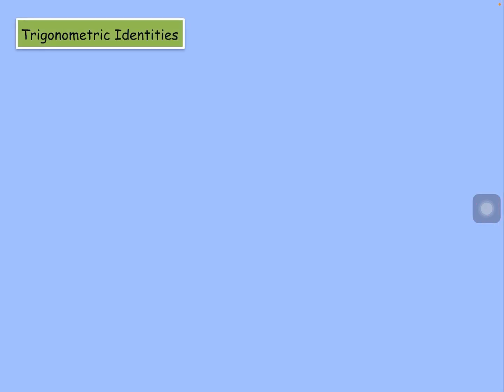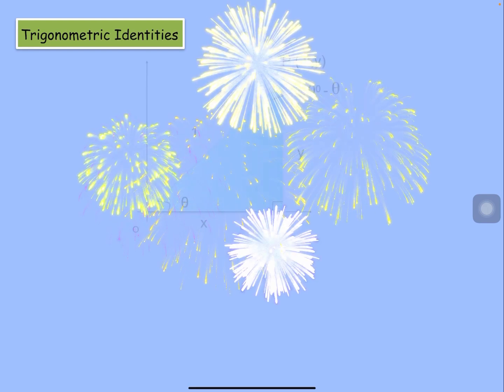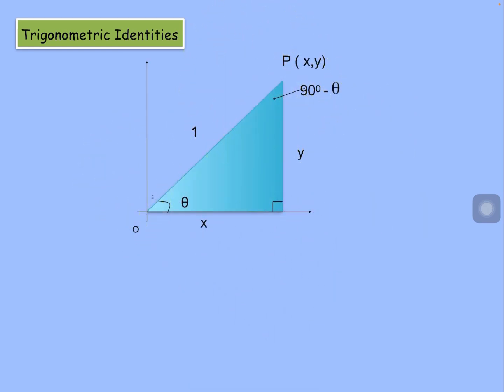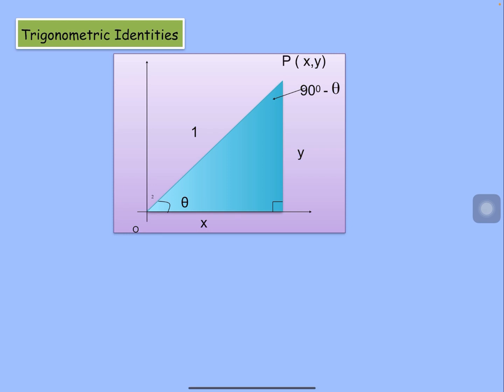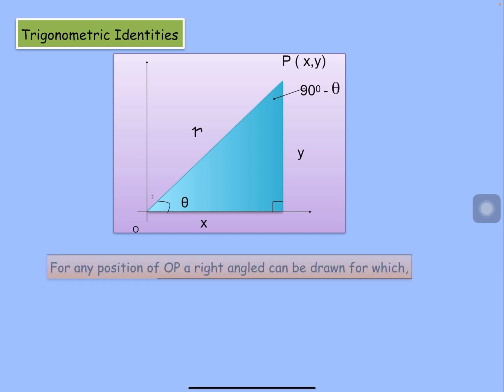Trigonometric identities. For any position of OP, a right angle triangle can be drawn for which we have x squared plus y squared equals OP squared equals r squared.